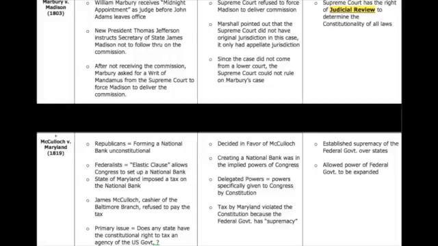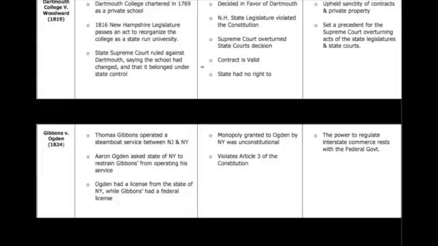In addition, we see another example of Marshall falling on the side of federal supremacy in the strange case of Gibbons versus Ogden. These are two ferryboat captains running a ferry between New York and New Jersey. One of them has a state license, one of them has a federal license.